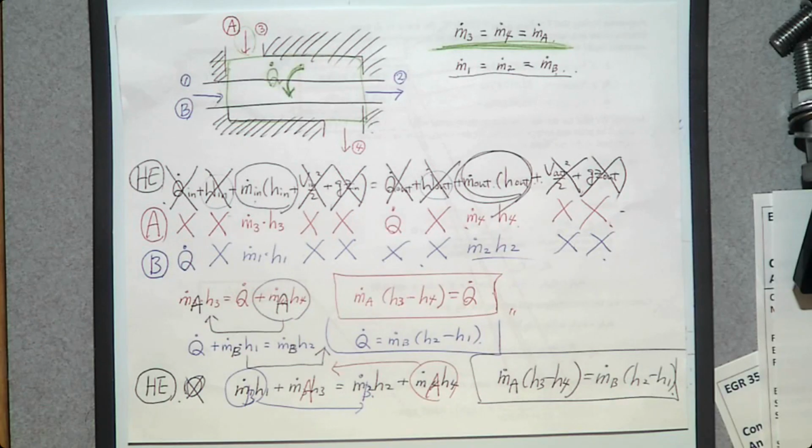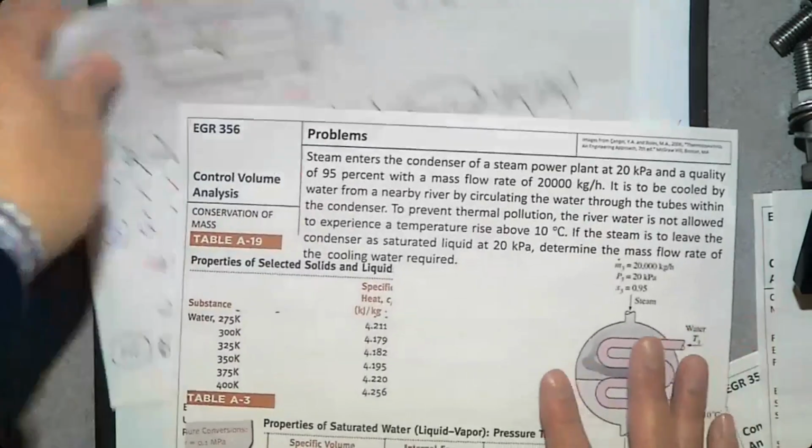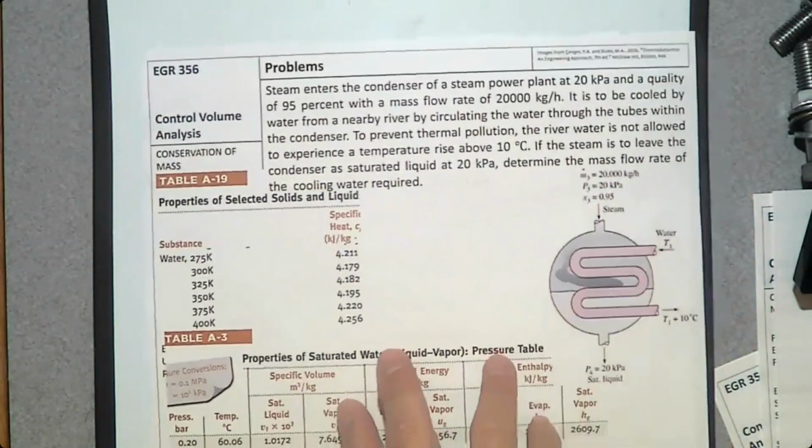We can use the first two equations if we are interested in the rate of heat transfer Q dot. If not, we can use the last equation here. So based on this, let's solve this problem together.